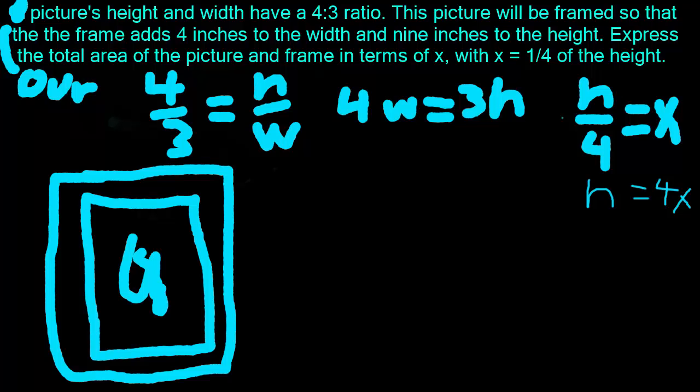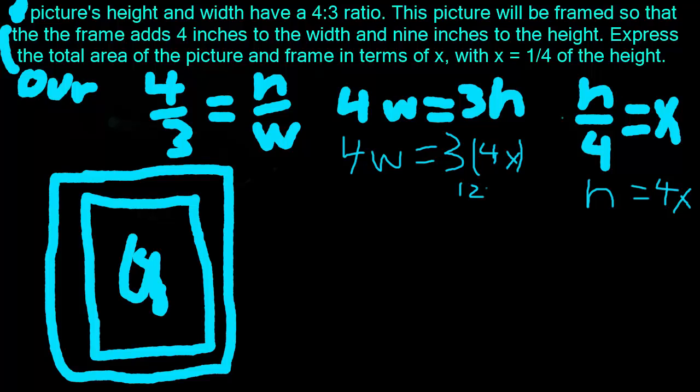And then I'm going to substitute that in here. 4w ends up equaling 3 times 4x, so we have 12x.